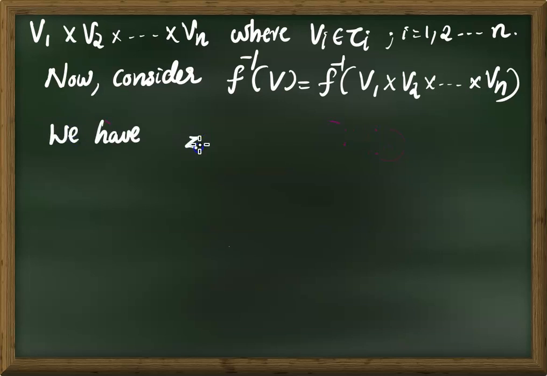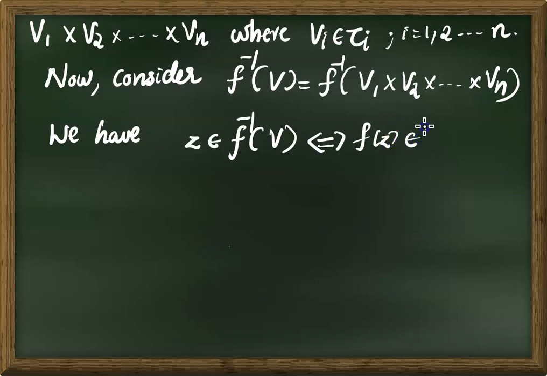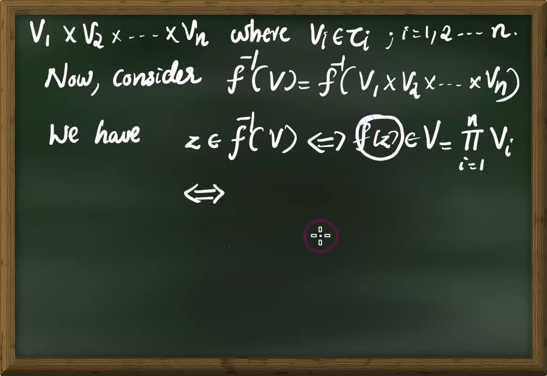But we have z an element of f inverse of V if and only if f of z is an element of V, and since V is equal to V_1 cross V_2 cross etc. cross V_n, which can also be expressed as the product over i varying from 1 to n of V_i in compact form. Hence, this is possible if and only if the ith coordinate of this point belongs to V_i. The ith coordinate can be expressed as pi_i of f of z.